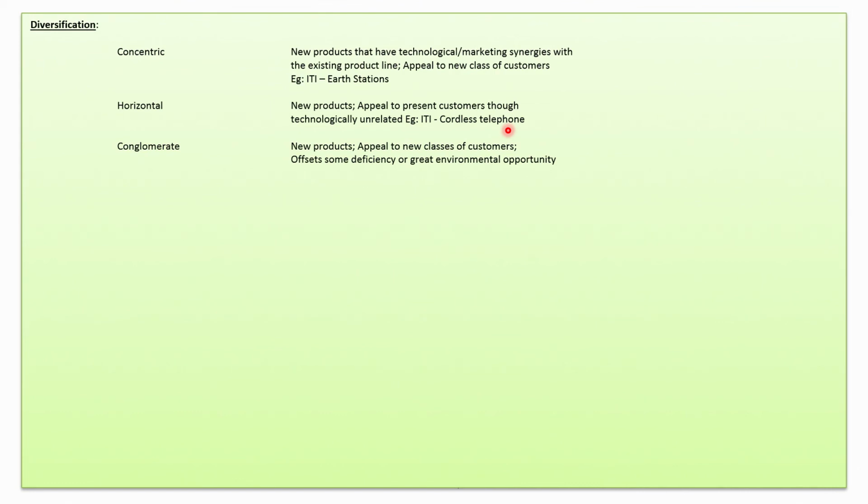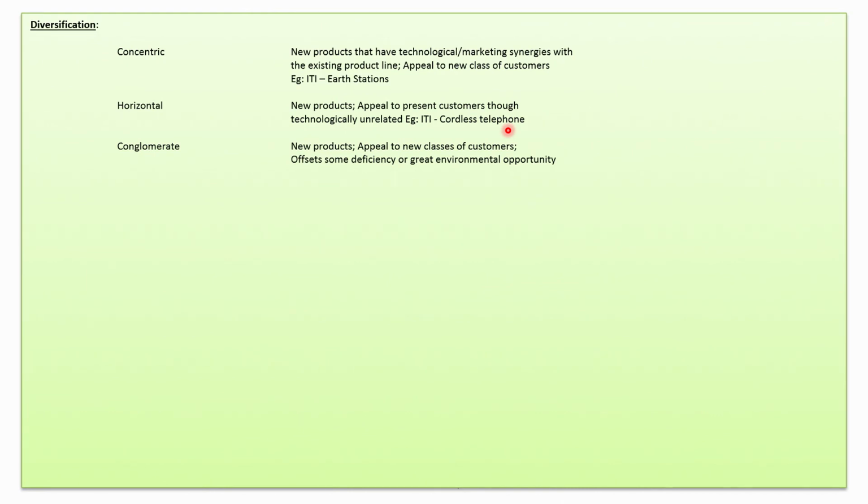A person who, let us say, wants to talk in a room, can take it out from the hall base stand, go to the room, talk, complete that and come back and put the phone down in the base. So, all this was possible using the cordless phone. This is an example of horizontal diversification.